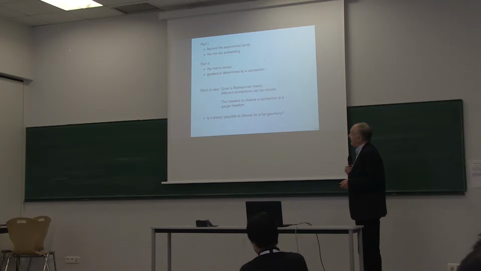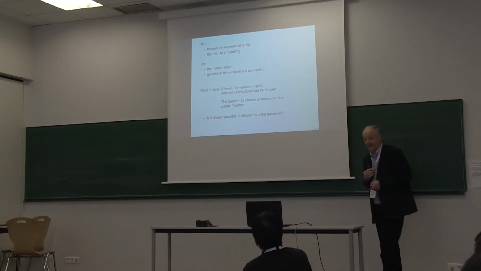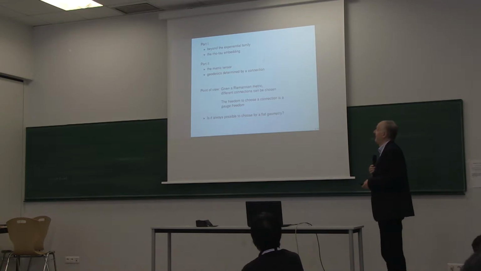In this second part, I will comment further on the metric tensor, which is the local property in the statistical manifold, and also on the geodesics determined by a connection, which is then a global property.